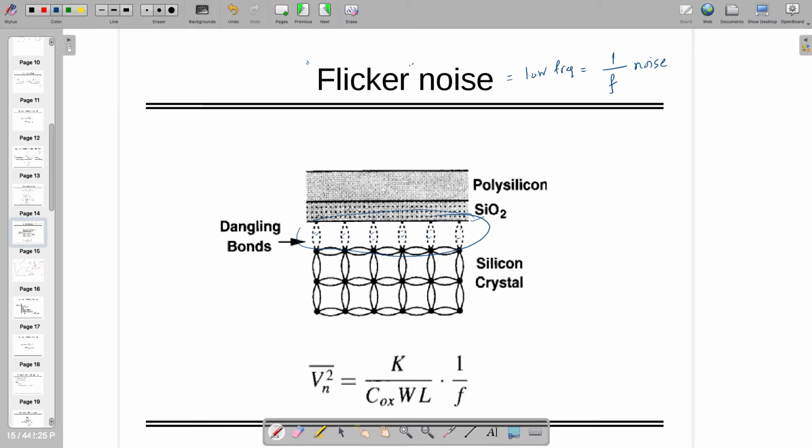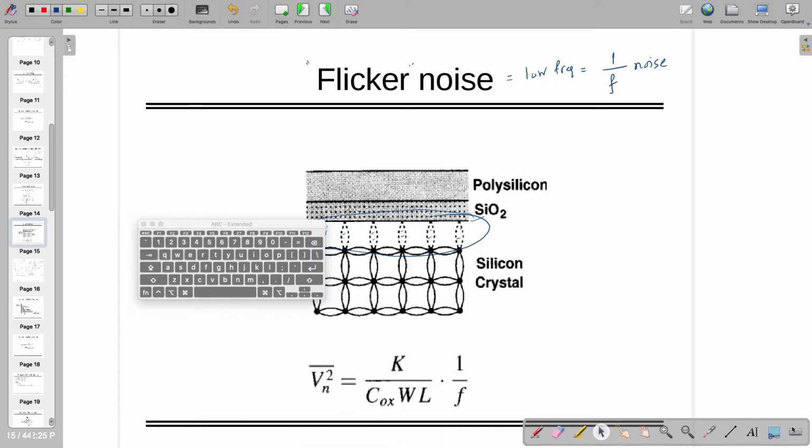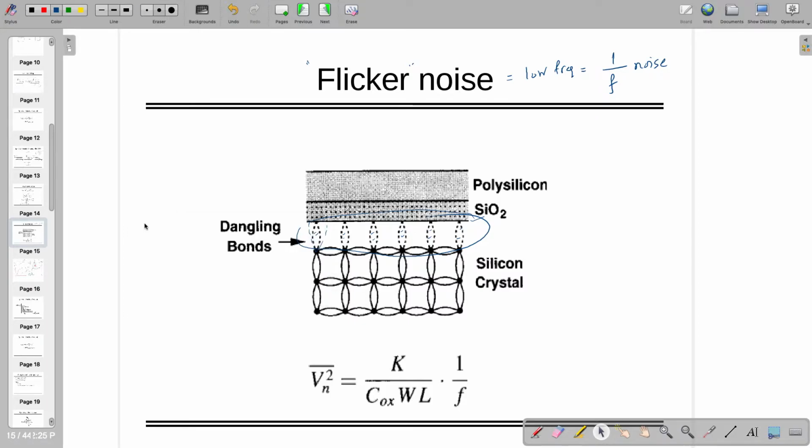It might be just a picture, it might be something different, it might be something like this also, depends. So this is an approximation. If you are at low frequency, you are going to observe some noise, and that noise is nothing but Vn square equals K divided by Cox times W times L times 1 by F.